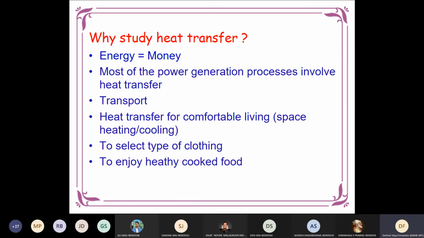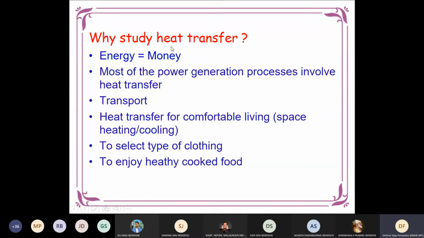Then again, if you go to your kitchen, if you have selected proper material for your utensils, then there also you can save energy. So this is day-to-day life savings that can result in saving of money.